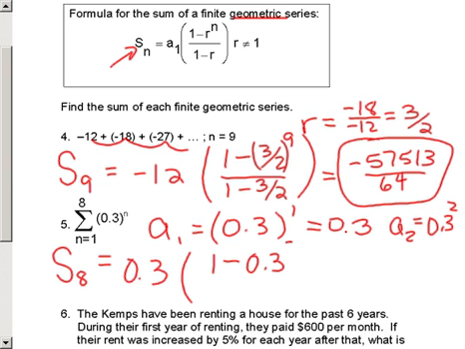And then we got 0.3 to the 8th. And if you want to, put that in parentheses, but you don't have to. The only time you have to is when it's negative. And so far, they haven't been negative.